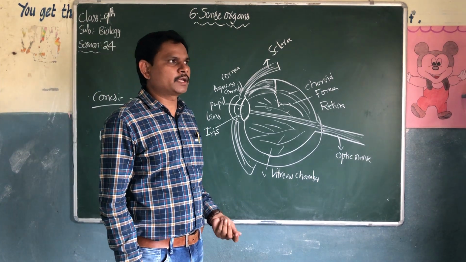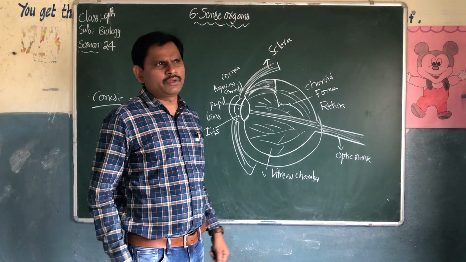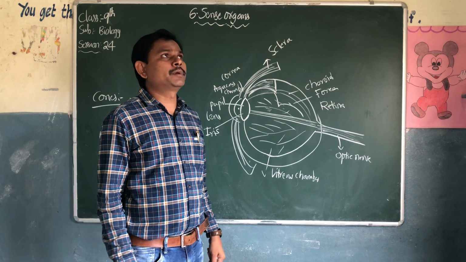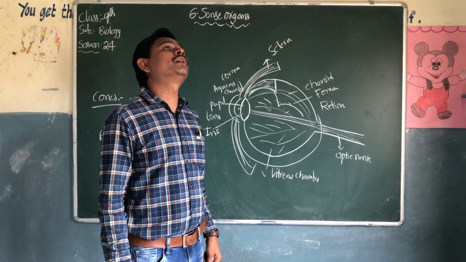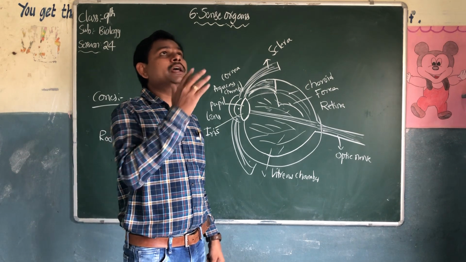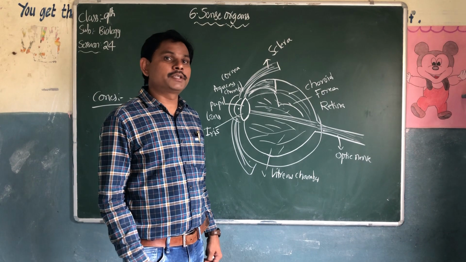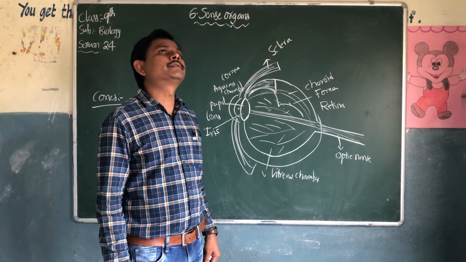For example, if you go into the sunlight, where there is very huge light, can you see the light directly with our eyes? When you look at sunlight directly, what happens? Immediately, without our knowing, we close our eyes.